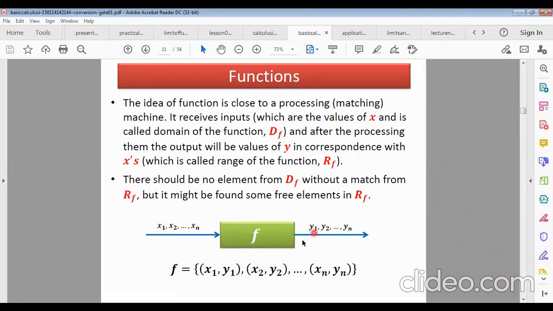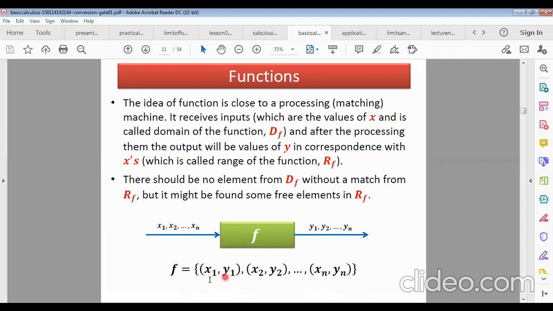So this diagram can be represented like this: a function equals (x1, y1), (x2, y2), up to (xn, yn), written in brackets. The first element is the value of input, the second is the coordinate of output.